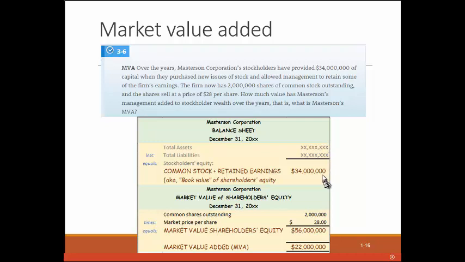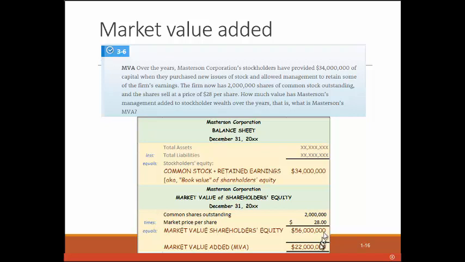Now, if we take the retained earnings plus common stock, $34 million, and divide it by the 2 million shares outstanding, we have the market price per share. The market price per share times 2 million gives $56 million as the market value of owner's equity.